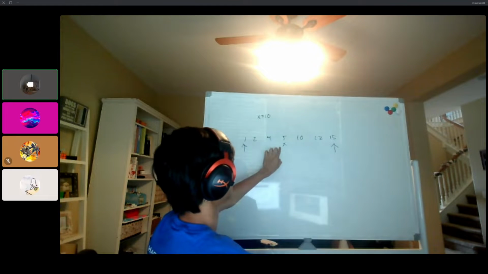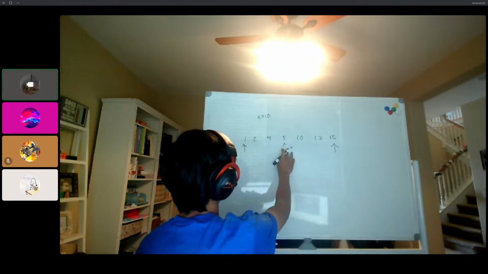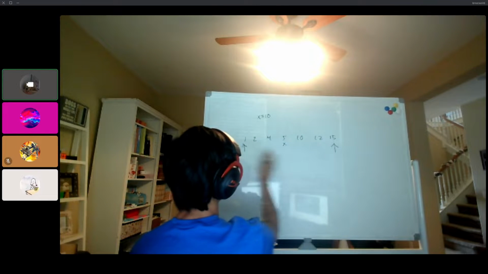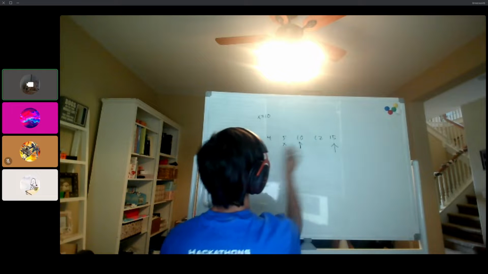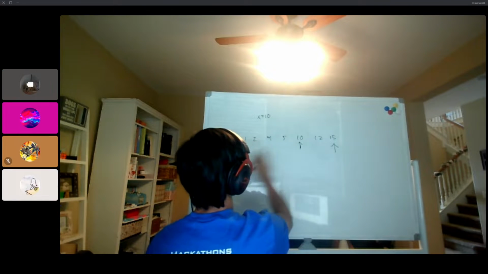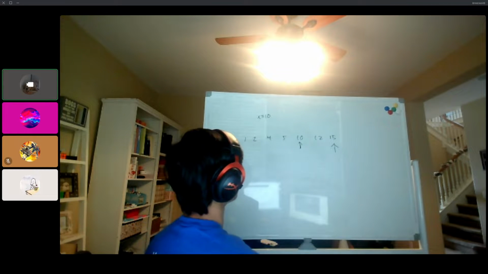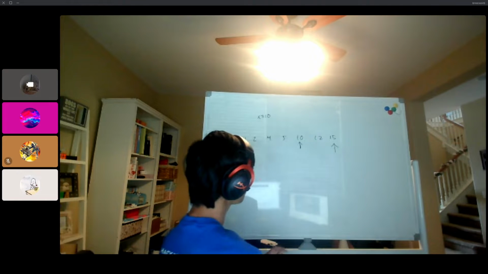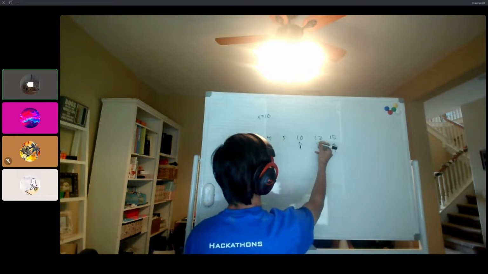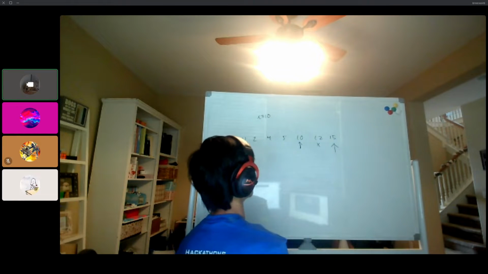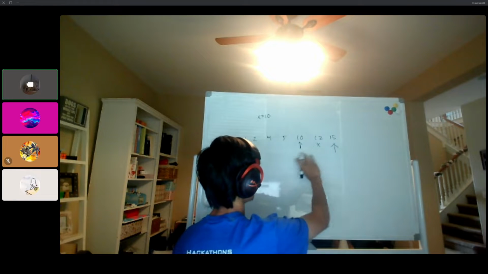So since it's 5, I'm going to move our pointer one over to the right of our midpoint. So this pointer moves all the way over here. Calculate our new midpoint. Our new midpoint is 12. 12 is not 10, it is greater, which means that we don't care about anything on the right of it.